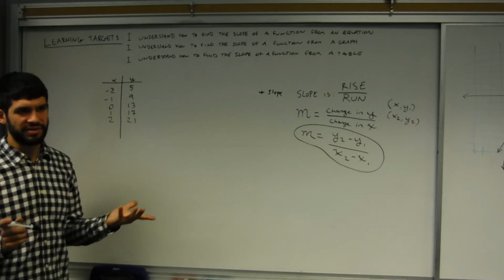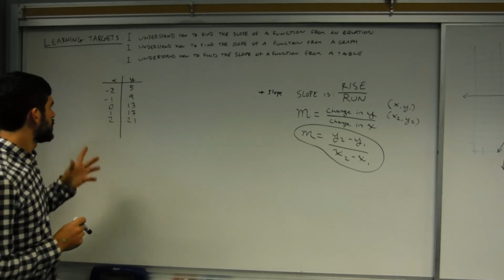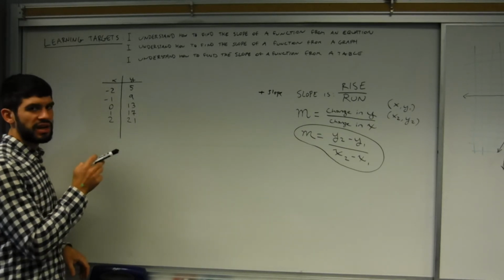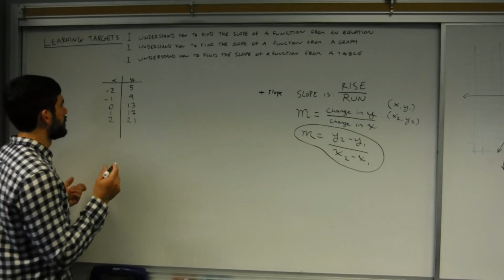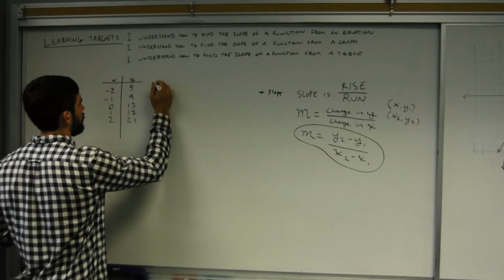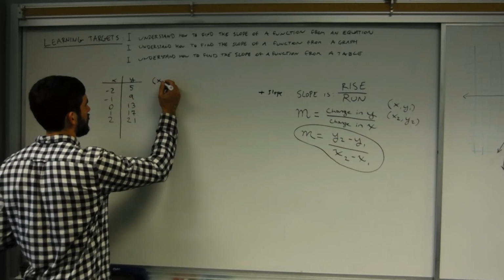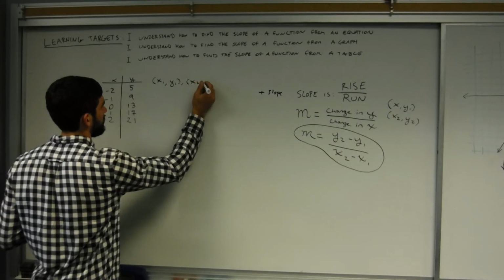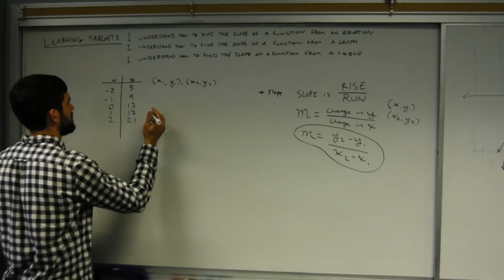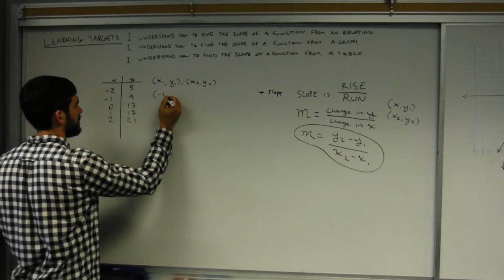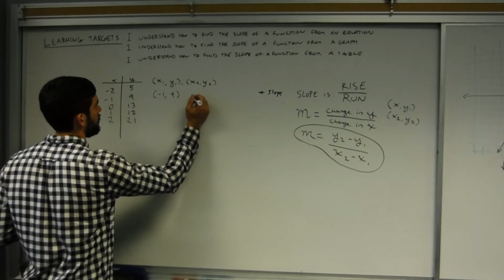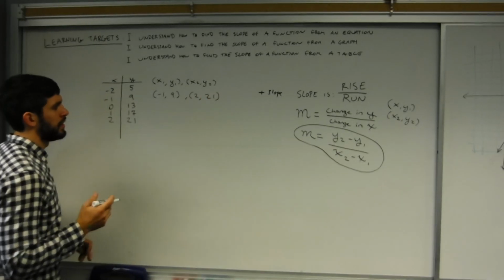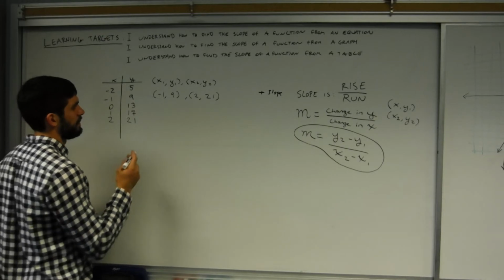A table of values has to have at least 2 points, so we can pick any 2 points and use that equation. Let's pick -1, 9, and 2, 21, and use that formula.